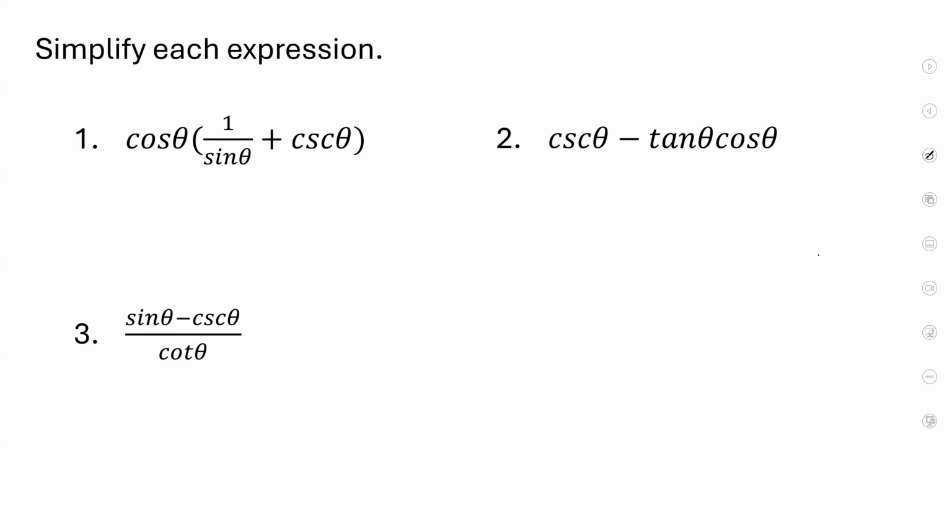A common mistake that I saw today in all of my classes was people doing something like this. Say they have 1 plus, let's say they just have this. I saw so many people canceling this out and that out and saying it's 1 plus sine.